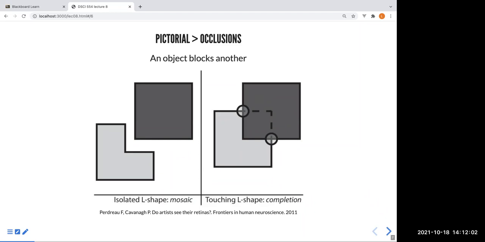So the first clue here is about occlusions. Whenever you see two objects here, these are completely 2D objects, right? If there is a gap between them, then you understand them as different objects. We're going to see there is a connection with the Gestalt theory of vision that relates to that.